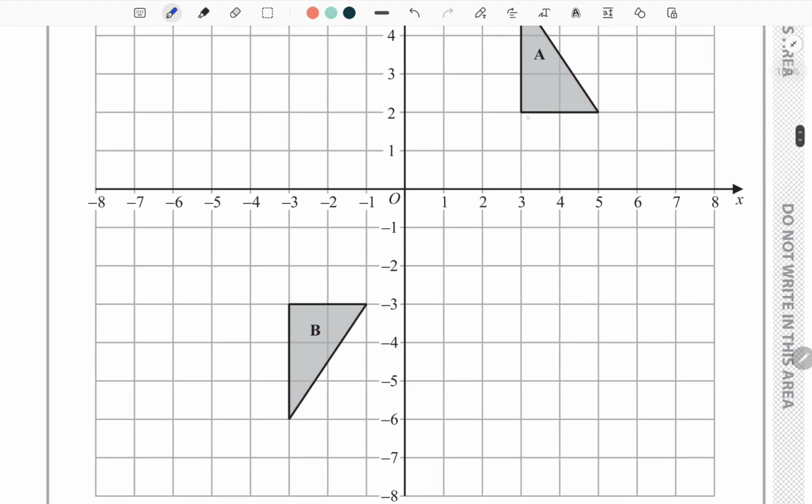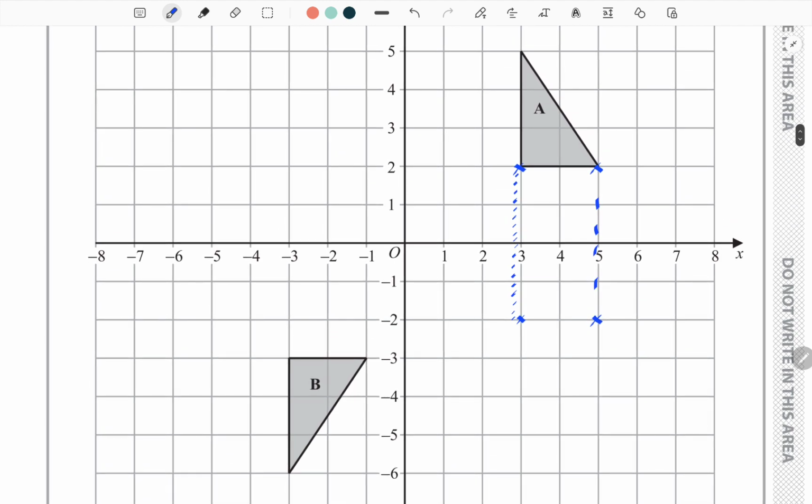So reflecting A in the X-axis, that point is going to end up, as you can see, it's 2 from the X-axis. So we're going to flip that over and it's going to go 2 down. So that point will be there. Same with this other point, the vertex on the right-hand side. That will flip all the way down, exactly the same pattern that way there.